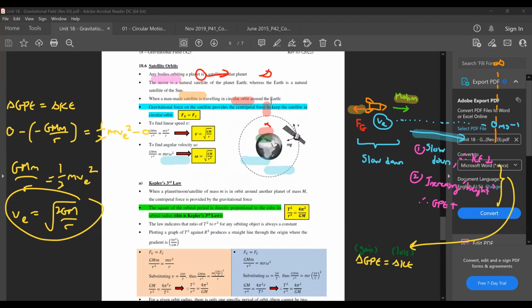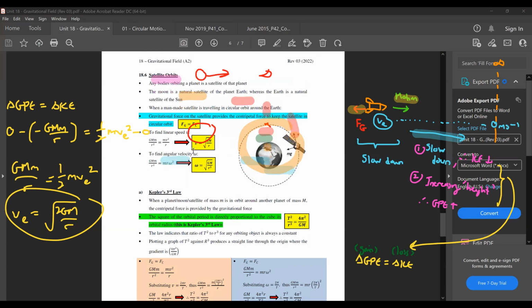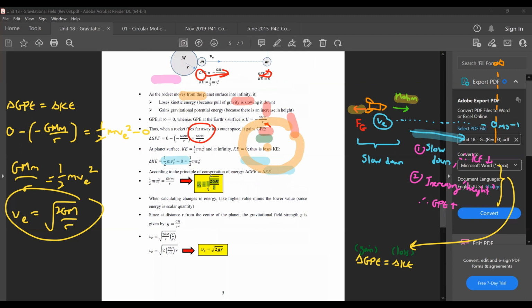The other one on the next page, the square root of GM over r, is the linear speed for a satellite or object moving in circular orbit around another planet. So there's a difference between those two. Although both are speeds, they are different kinds: one is linear speed, one is escape speed. They are two different things altogether.